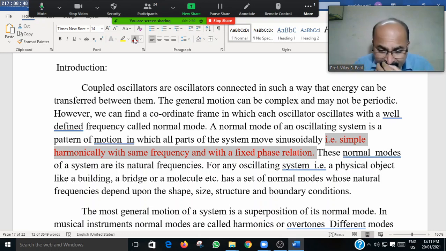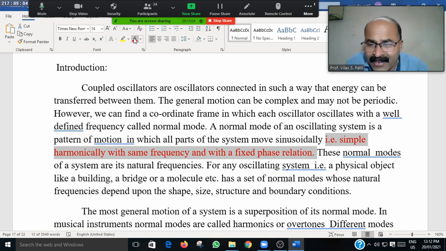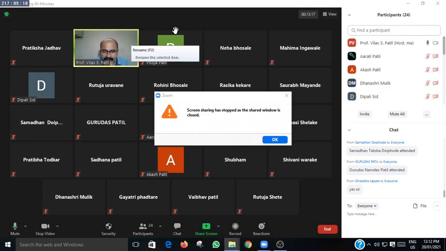Regarding normal modes, there are the symmetric mode and the antisymmetric mode. In a simple periodic system, the system behaves with simple harmonic motion, and its frequency as well as its phase relationship should be fixed. This is the normal mode of the system, or its natural frequency.